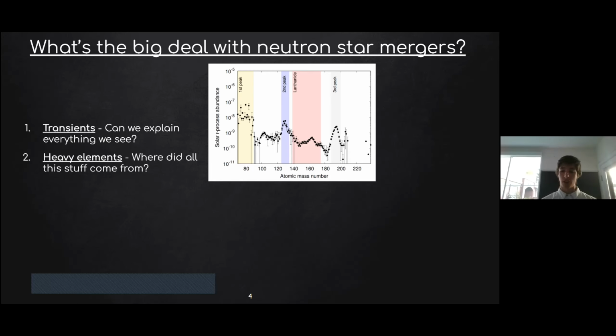But there's a limit to what elements can form in supernovae, and if you're more involved in this research, also like AGB stars and a few others, and cosmic rays and a couple of other things that form these elements.